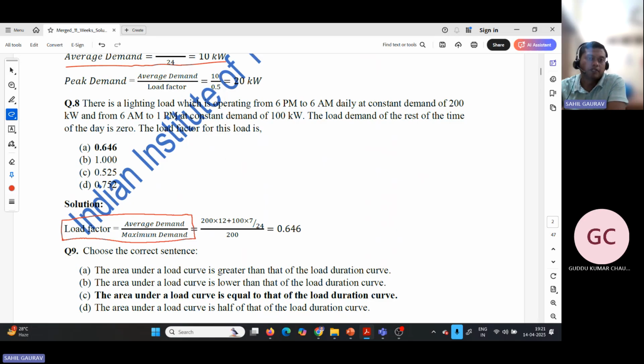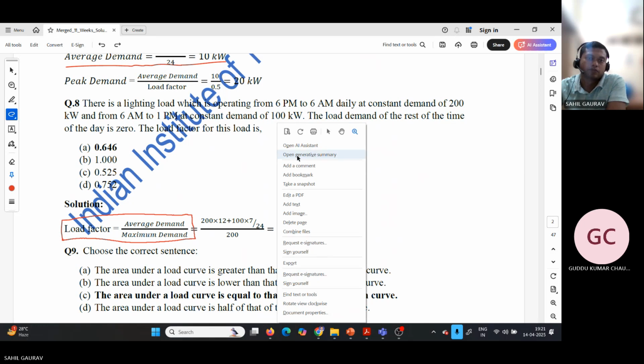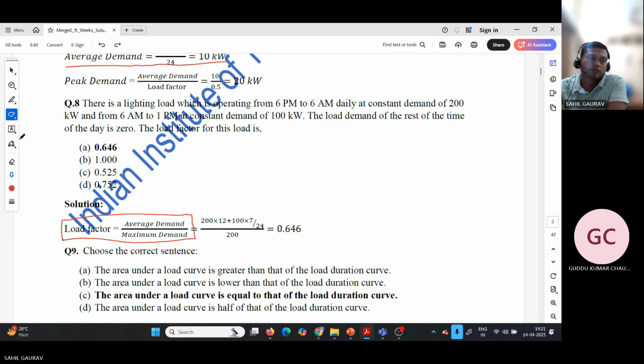So if you need to find the average demand, how will you find? It is given that the lighting load has a constant demand of 200 kilowatt for 12 hours, while from 6 a.m. to 1 p.m. we have a constant demand of 100 kilowatt.